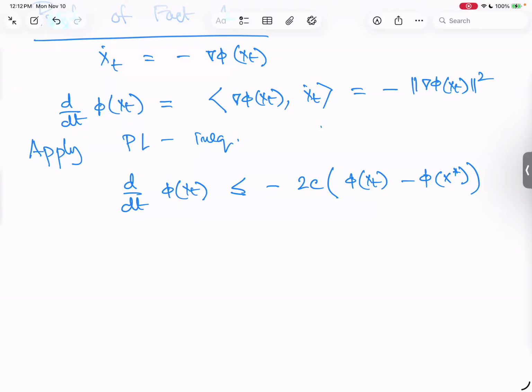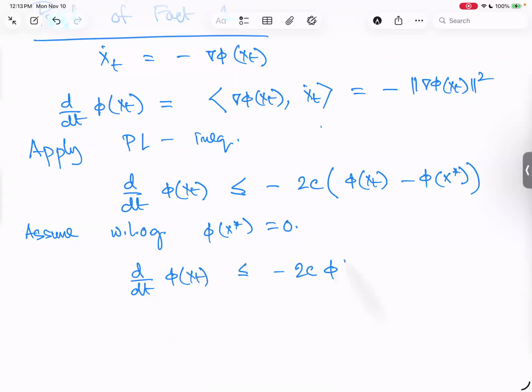So let's assume without loss of generality that phi of x star is 0. It doesn't matter because I can always shift things up. Then what I have here is d/dt of phi of xt is less than or equal to negative twice c phi of xt.